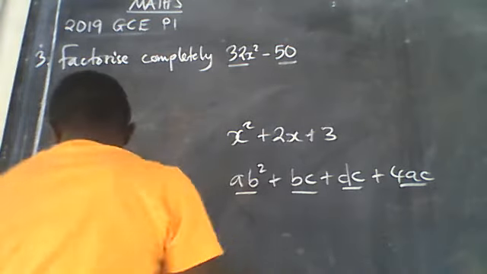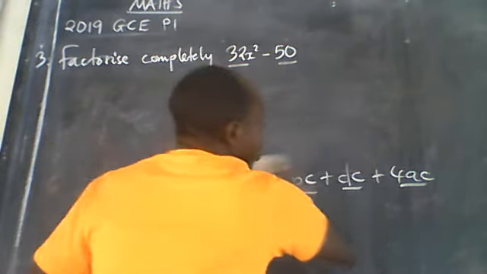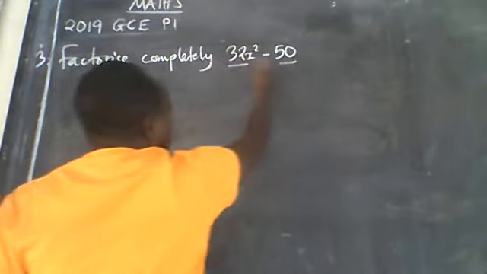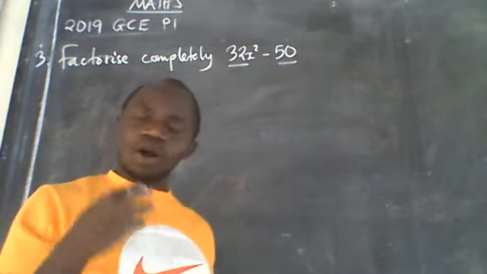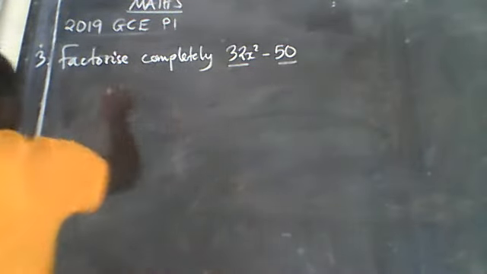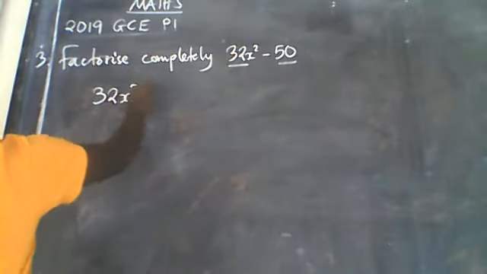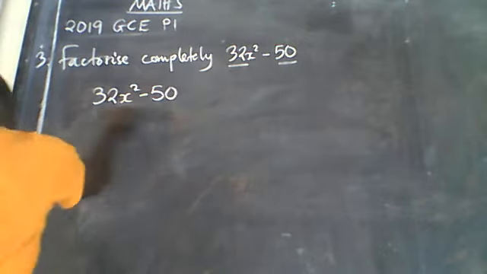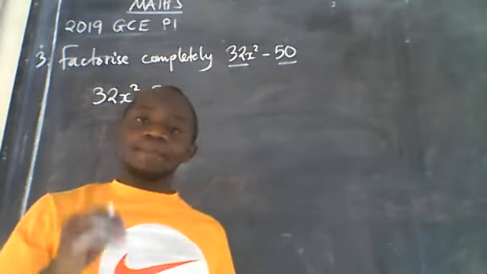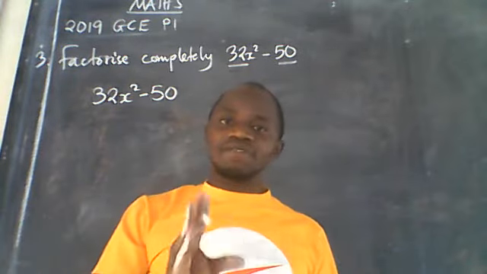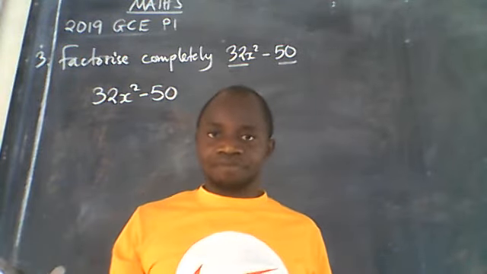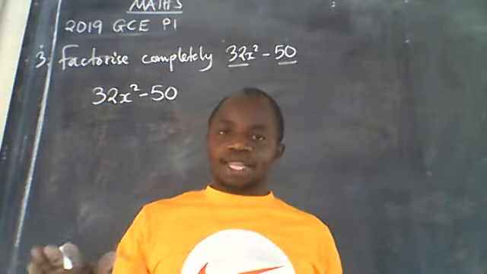So look at that question. This question is the difference of 2 squares. But how do we go about that? You get the question the way it is: 32x squared minus 50. Difference of 2 squares is about expressing the given terms in square form. That's the bottom line.